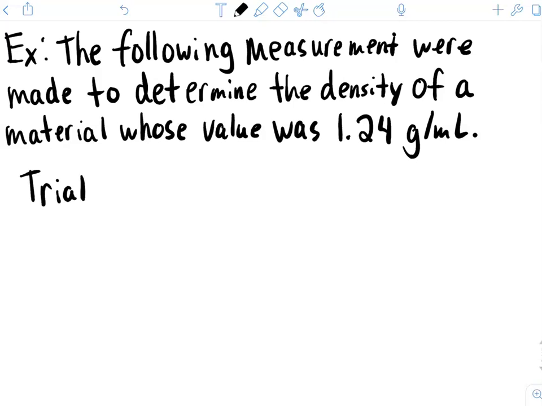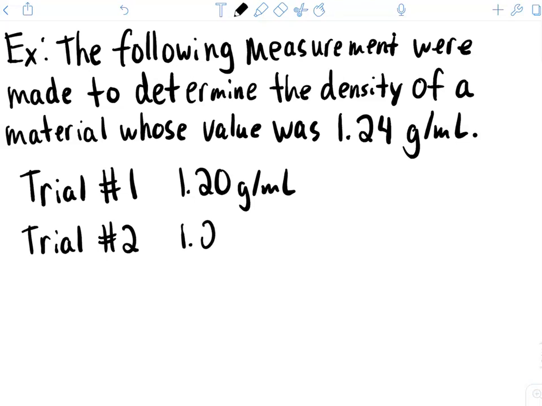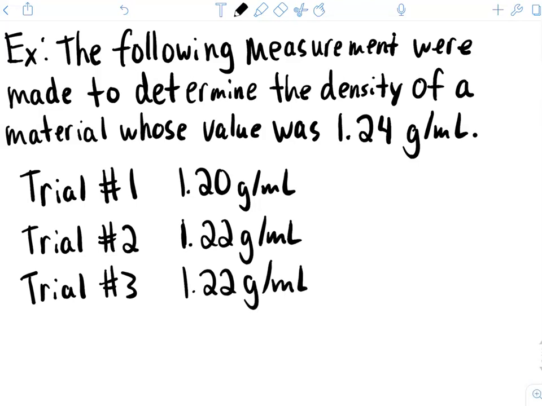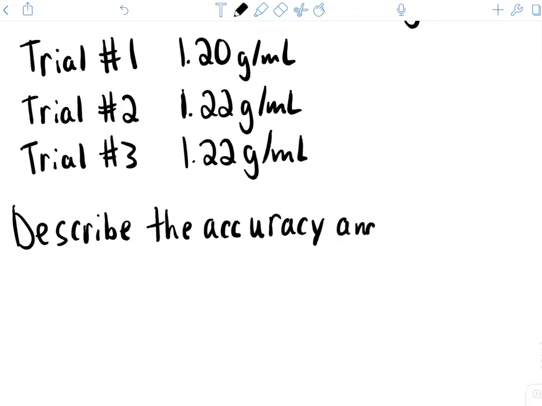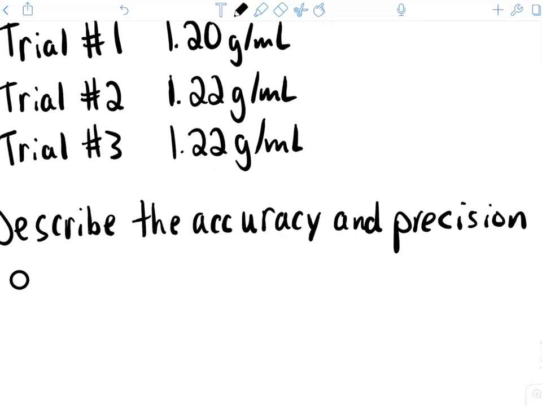Then we have our trial number 1. And then again, we are asked to describe the accuracy and precision of the data.